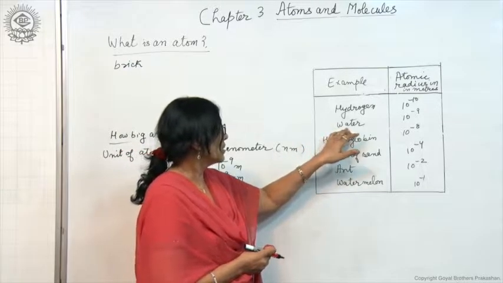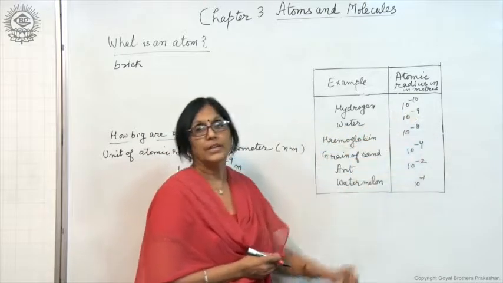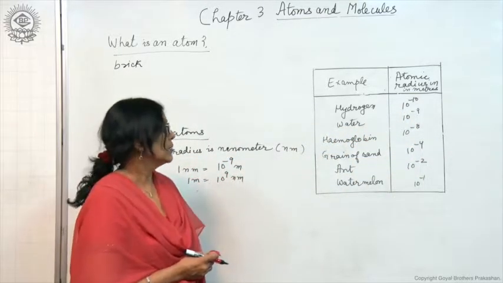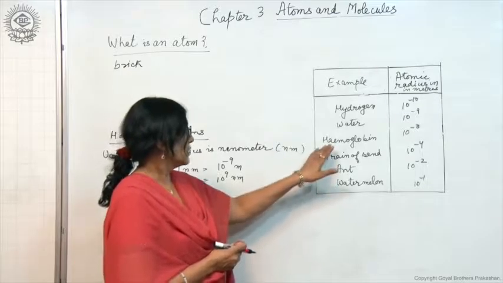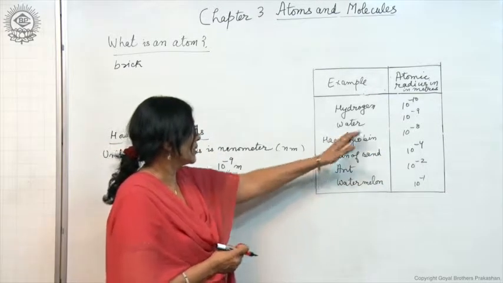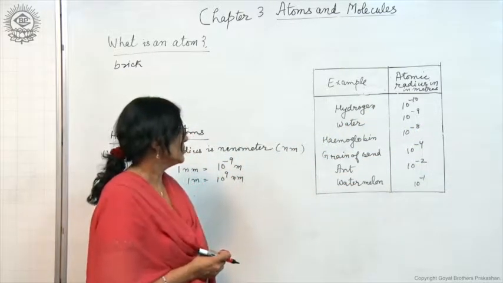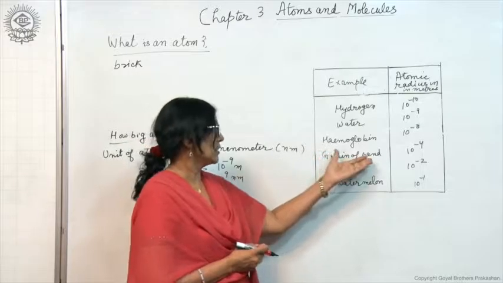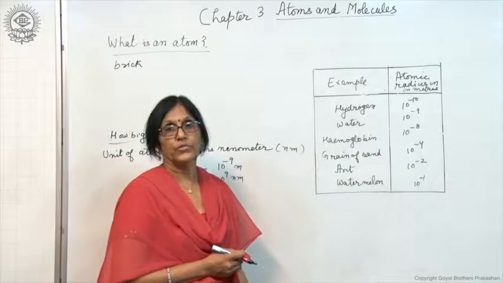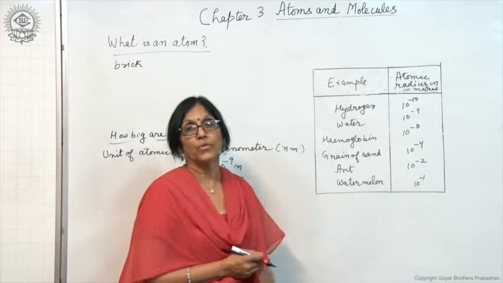So the radius, the size of water molecule is 10 raised to the power minus 9 meter. The size of hemoglobin molecule, its radius, is 10 raised to the power minus 8 meter. Now let us see the size of a grain of sand, which we can see, is 10 raised to the power minus 4 meter.